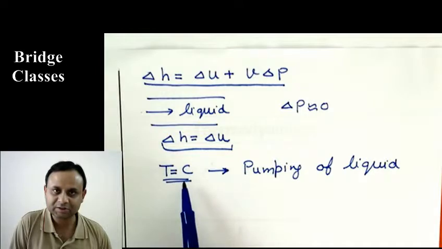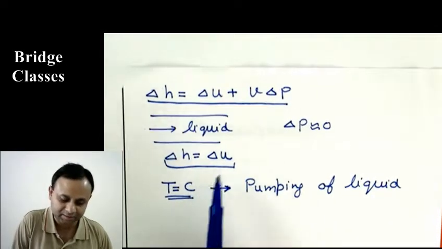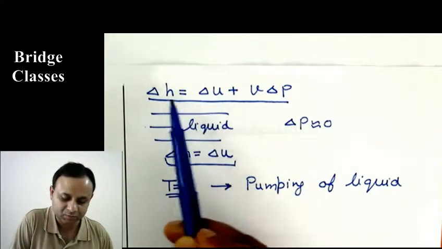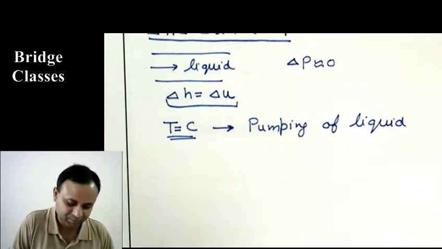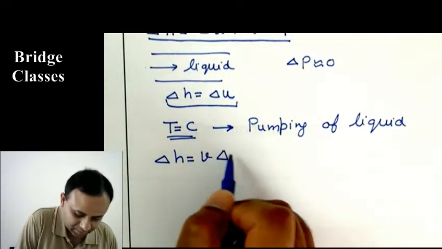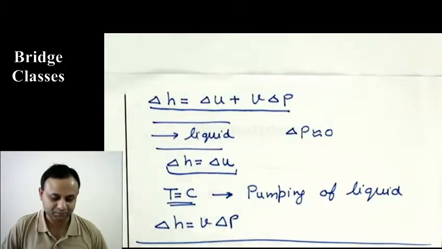There is a rise in pressure but negligible change in temperature. So because temperature remains constant, this delta U, that is C delta T, this term is 0. So delta H will be V delta P. Okay, so these are special cases of that.